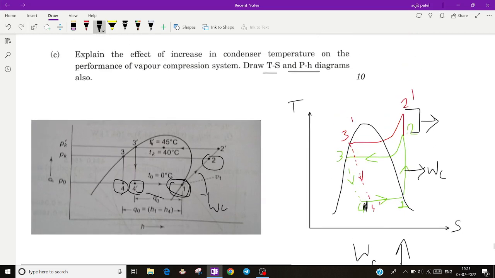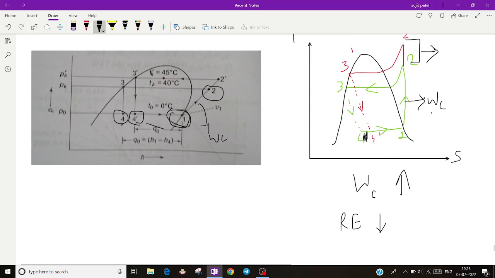And as we increase the pressure ratio, the pressure rise in 1 to 2 is less compared to 1 to 2 dash. So for a higher pressure ratio and for the same power or the same optimum efficiency, we need to reduce the volume, we need to reduce the mass flow rate.